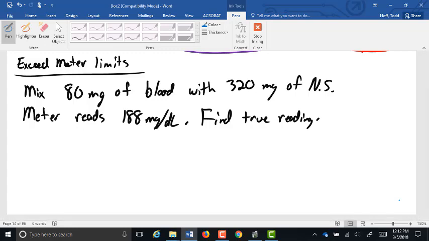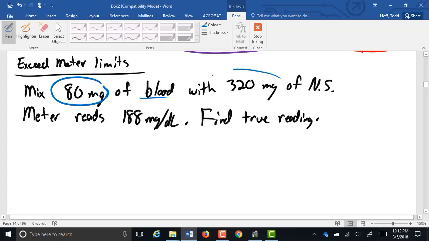I see a few people still writing, but let's go ahead and take a peek at what we did here. So we have the 80 milligrams of blood mixed with 320 milligrams of saline. So the first thing we have to do is figure out the dilution. Now we're not given the dilution, we're given the ingredients. So the dilution itself is found from those. Serum, which in this case is blood, over the total is our dilution.